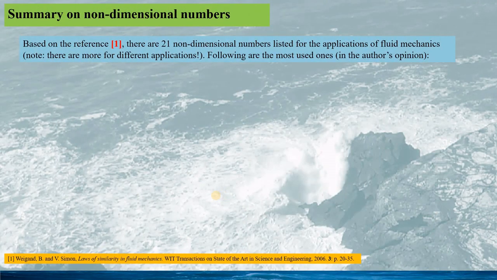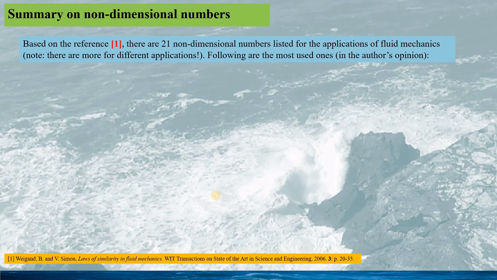In this talk, we start from the incompressible Navier-Stokes equation and deduce that the Reynolds and the Froude numbers are the most important factors for the similitude laws. This is consistent with the dimensional analysis, but here we can see more details from the analysis directly from the Navier-Stokes equation.